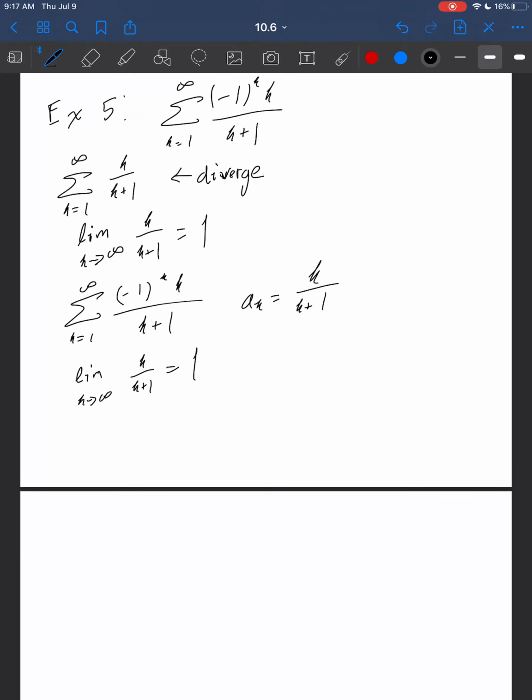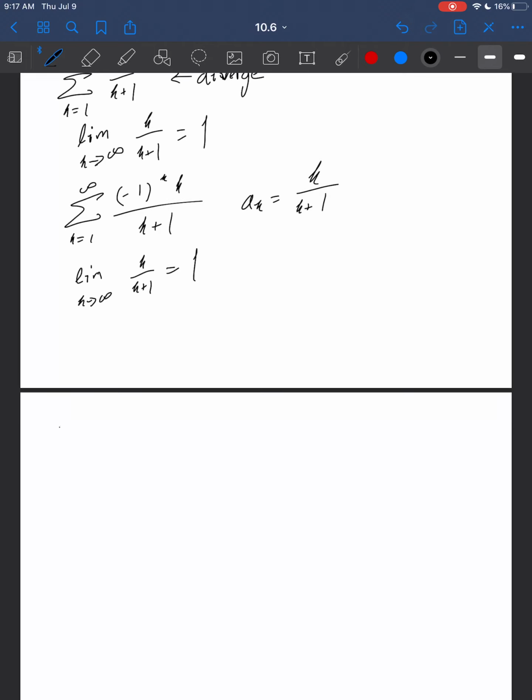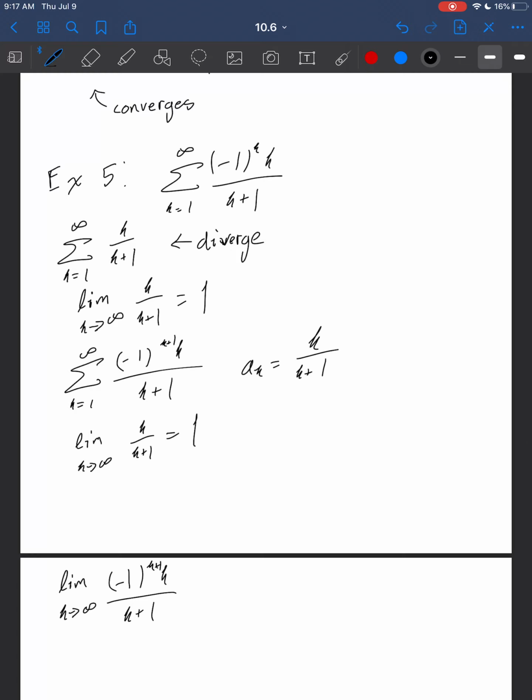Another way to think about this, and one that might be a bit more clear actually, is let's just do the divergence test on this sequence. So we're looking at the limit as k goes to infinity of negative 1 to the k plus 1 times k over k plus 1.